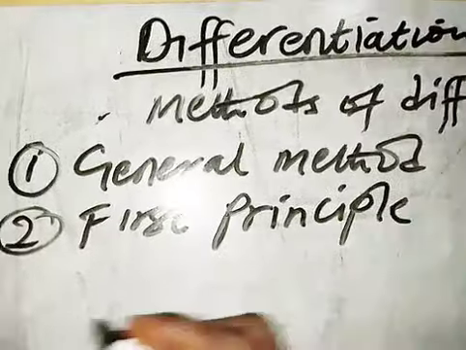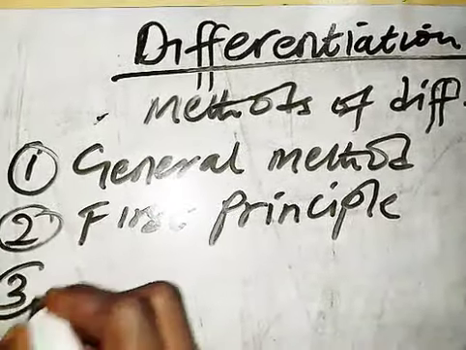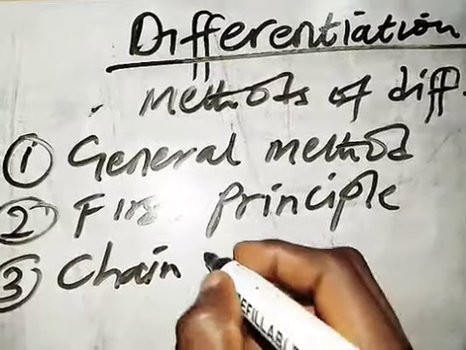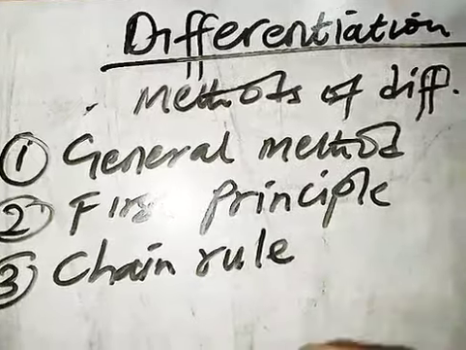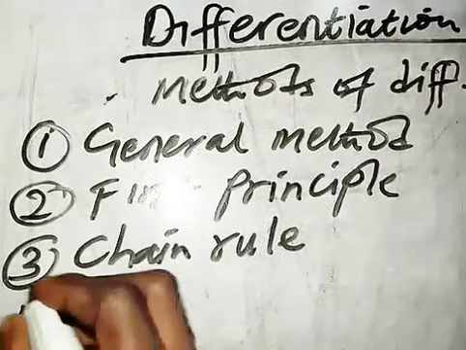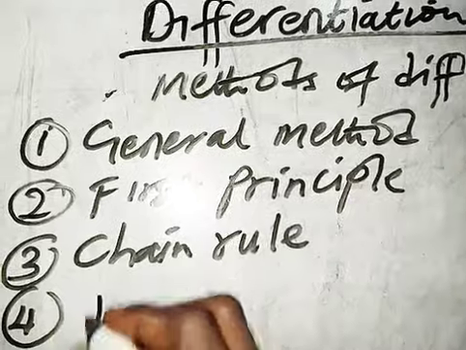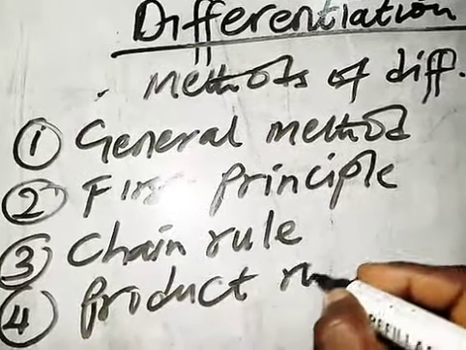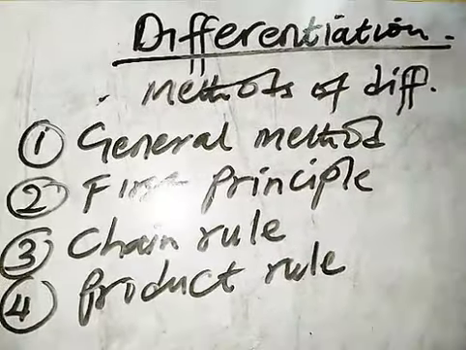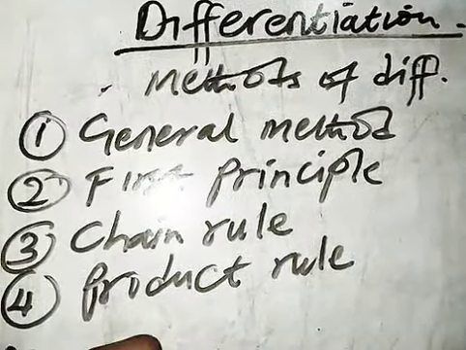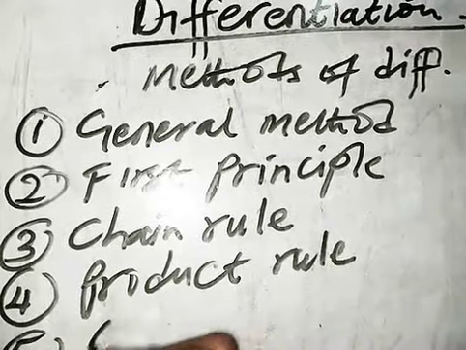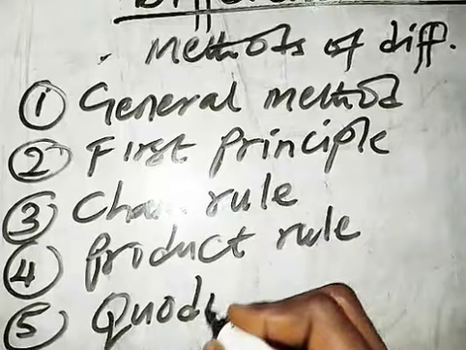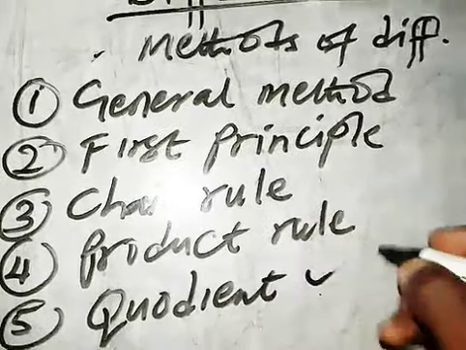Phase principle. And we have number 3, chain rule. We also have number 4, product rule. We also have number 5, quotient rule.